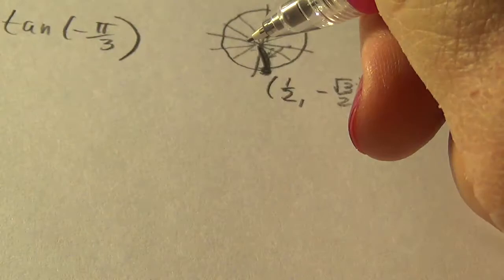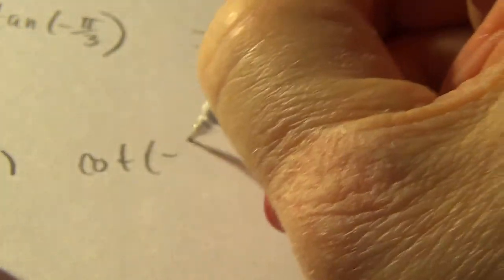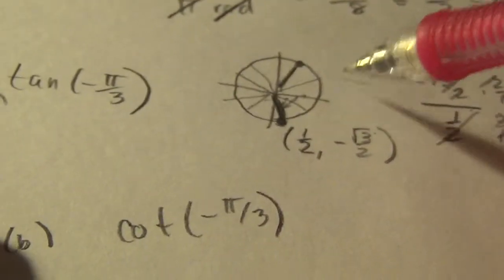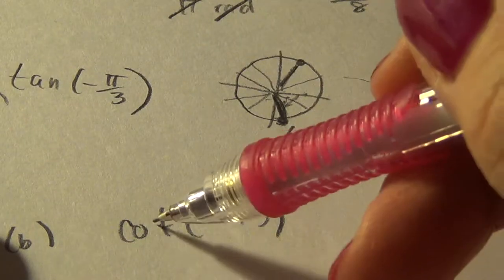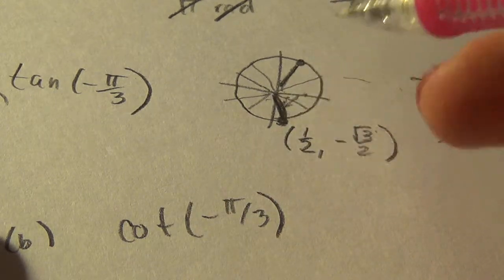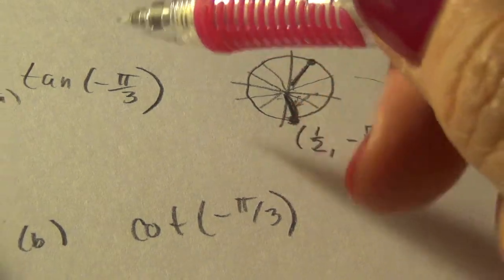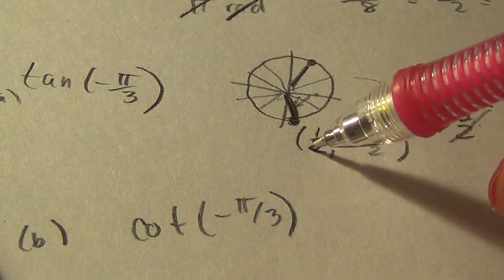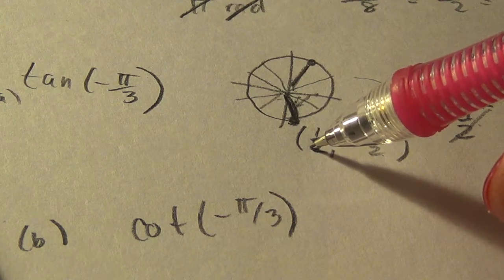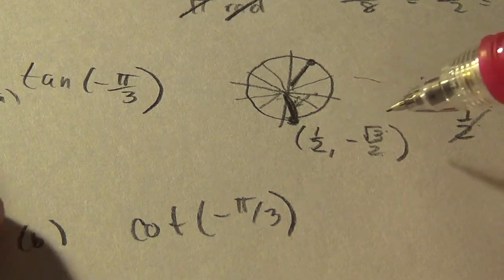Number 10, let's have an A and B to number 9. So that's A. Bringing that back to mind, let's see what B is. Try cotangent of negative pi over 3. Since we already have pi over 3 pictured, cotangent of that spot is going to be, instead of the second divided by the first, the flip of that.